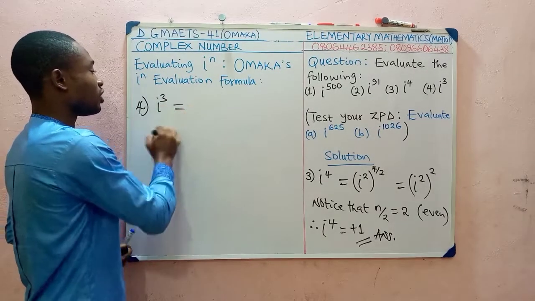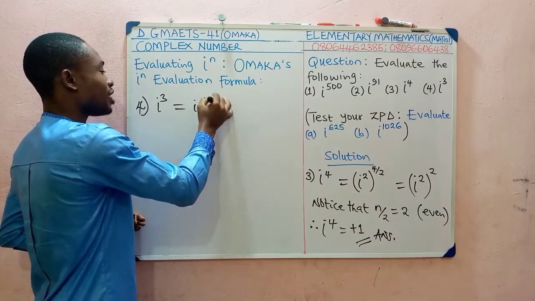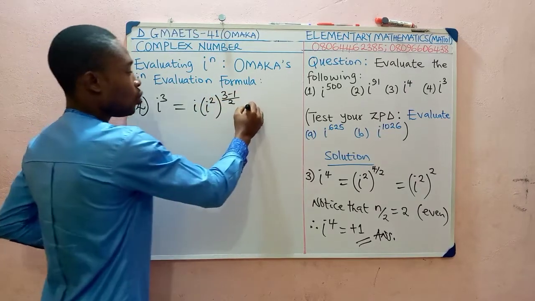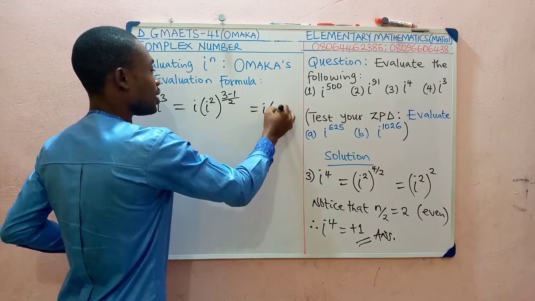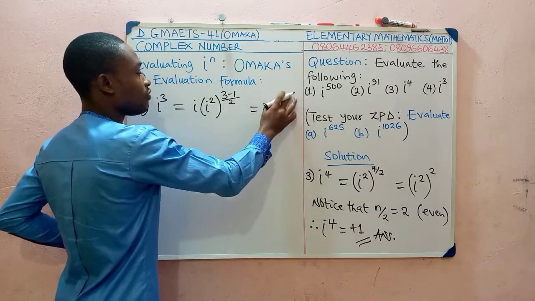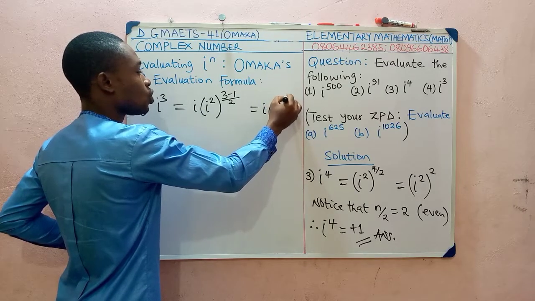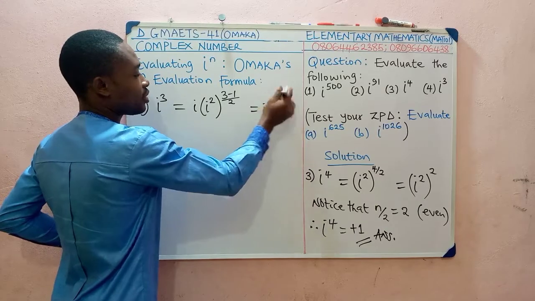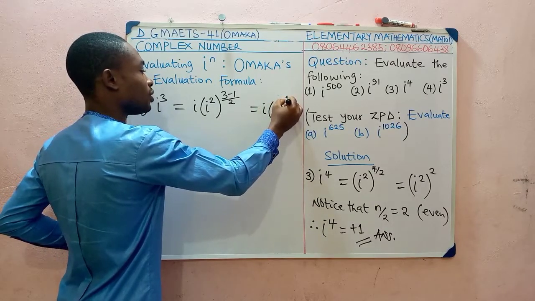Therefore, this is going to give us i open bracket i squared raised to power 3 minus 1 over 2, which is equivalent to i bracket i squared raised to power, this is 2 over 2, and 2 over 2 will give you 1. 2 over 2 will give you what? 1. Alright? 2 over 2 will give you 1.